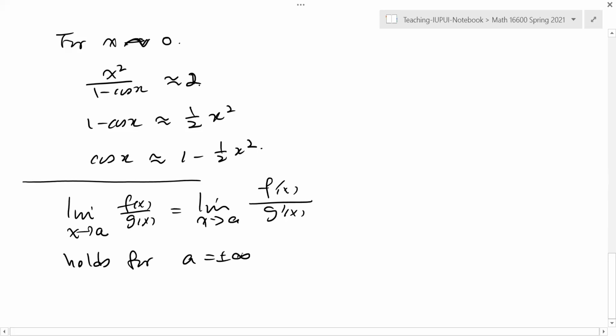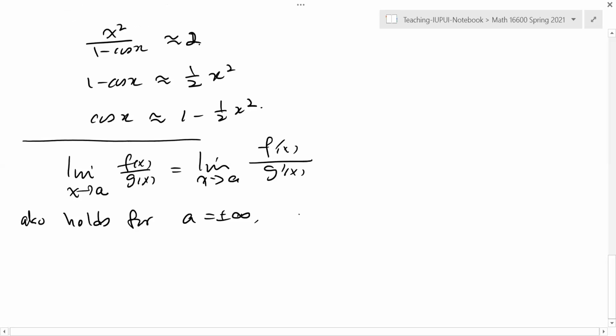A is not necessarily finite. And a could also be some number with a plus or minus, which means a left-side limit or a right-hand side limit. But let's work on this first. A is not necessarily finite. A could be infinity.